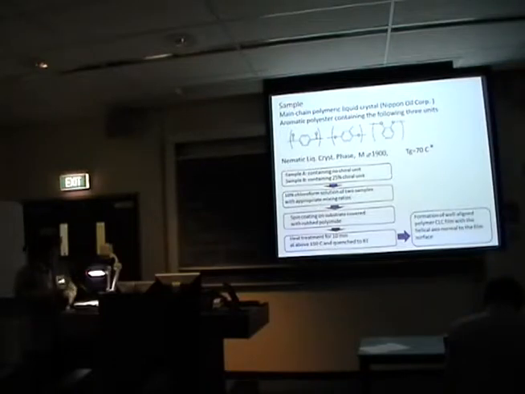We use this type of main chain polymeric liquid crystal for the bulk. So we use the aromatic polyester containing the following three units. It is a main chain polymeric liquid crystal. It's a thermotropic liquid crystal. So without any solvent, this aromatic polyester forms a liquid crystalline phase.